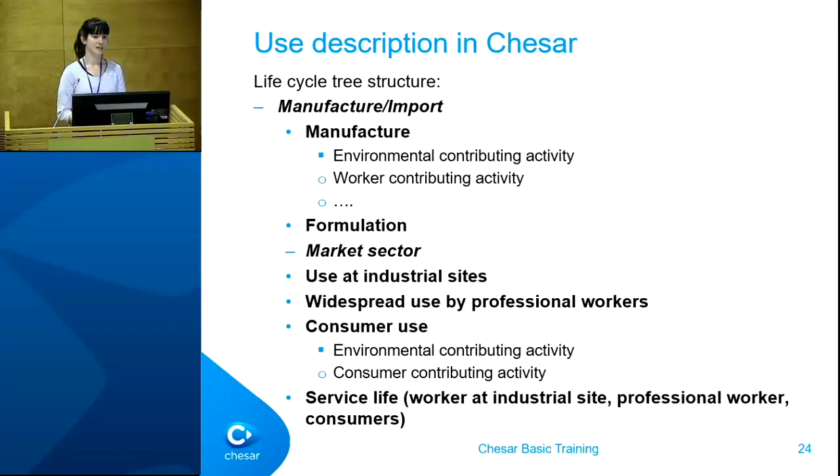If your substance is incorporated into articles, then you need to create a service life stage. And there are 3 types of service life because your substance can be used or processed by workers at industrial sites, by professional workers, or by consumers.